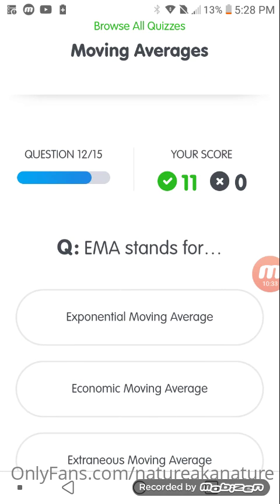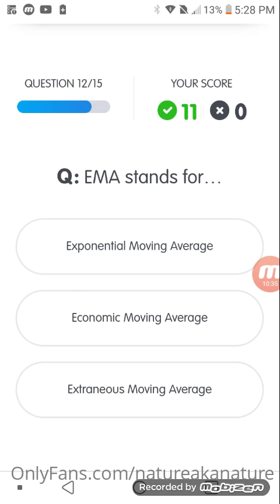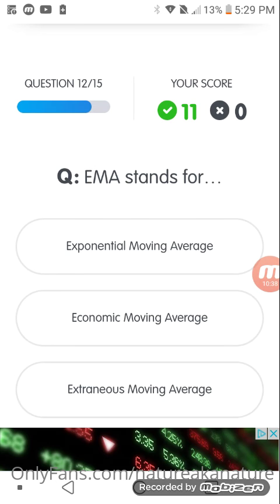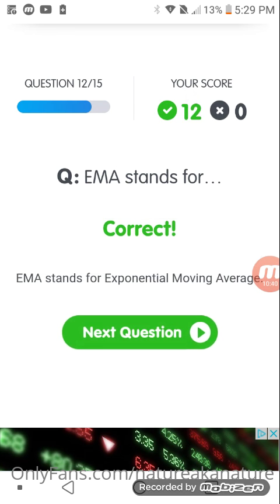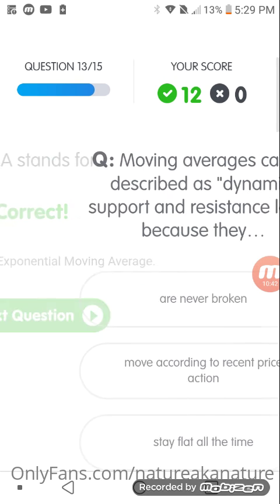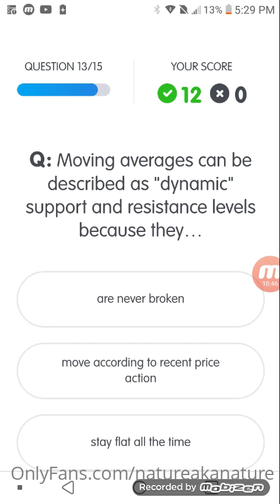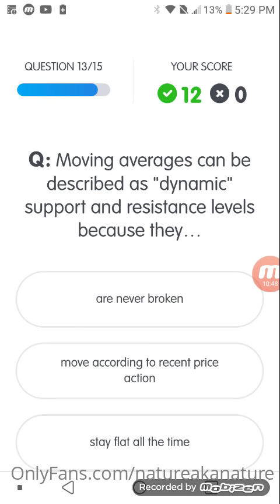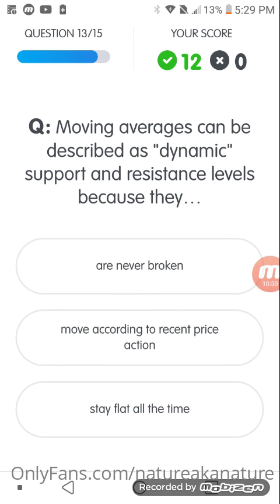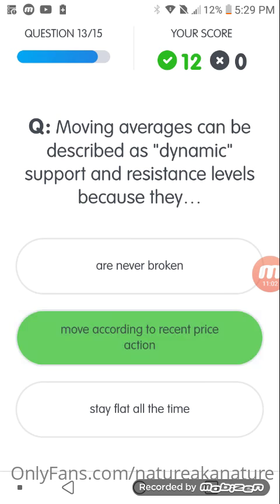EMA stands for exponential moving average. Moving averages can be described as dynamic support and resistance levels because they move according to recent price action.